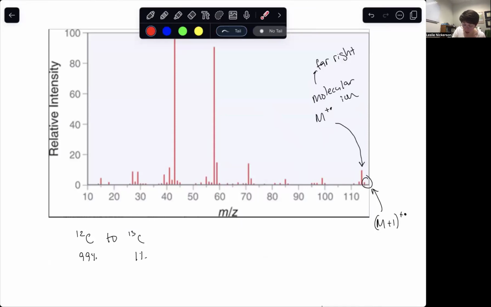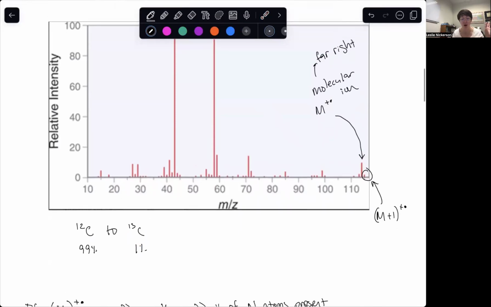So typically you're going to see a larger peak and then a little bitty one right next to it, one unit away, that's accounting for carbon-13 showing up in a certain number of places. It's just having carbon-13s hit that detector about 1% of the time. So you're going to look at the two furthest right peaks, then use the larger one of those two, and that's going to be the one from your carbon-12.